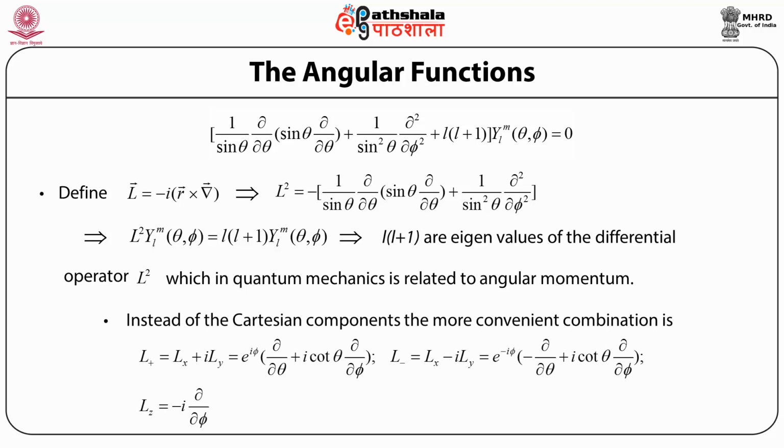So instead of the Cartesian components, the more convenient combination is L₊ equals Lx plus i Ly equals e^(iφ) (∂/∂θ plus i cot θ ∂/∂φ). Similarly, L₋ equals Lx minus i Ly equals e^(-iφ) (-∂/∂θ plus i cot θ ∂/∂φ), and Lz equals -i ∂/∂φ.